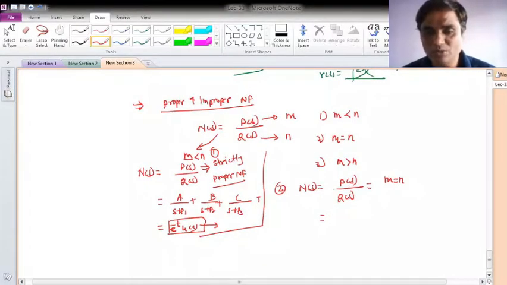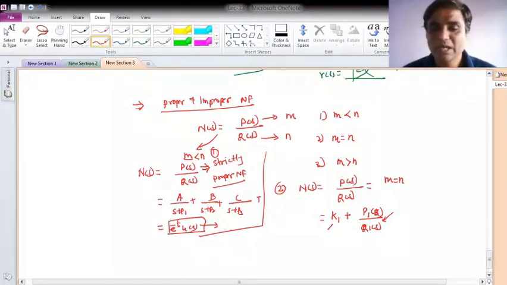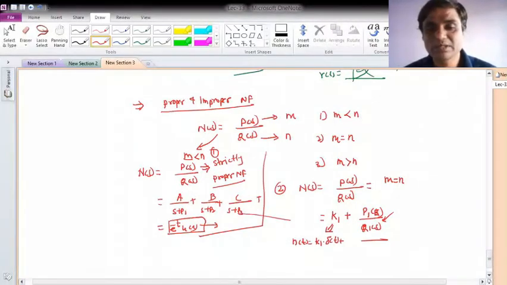I have to divide the numerator by the denominator and write it as quotient plus remainder upon divisor, so P1(s) upon Q1(s) plus a constant K1. Here I get a strictly proper transfer function, meaning the degree of P1(s) is obviously less than the degree of Q1(s). If I take the inverse Laplace transform of K1, I get K1 times delta(t) plus the rest.